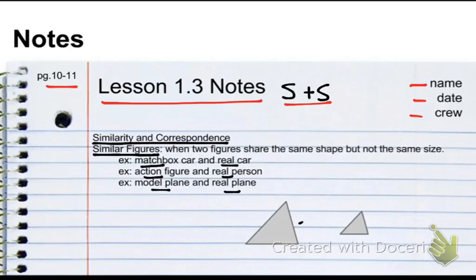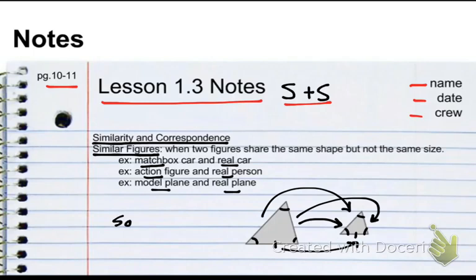And here I have my example. I have these two similar triangles. Notice how their angles are the same. Notice how the lengths increase or decrease at the same rate. So those two things need to be there in order to be similar.